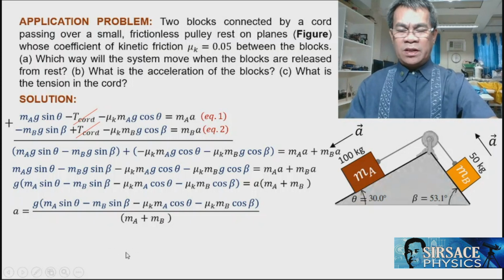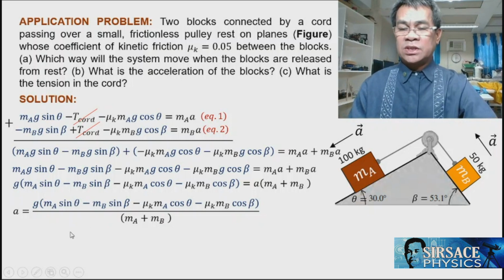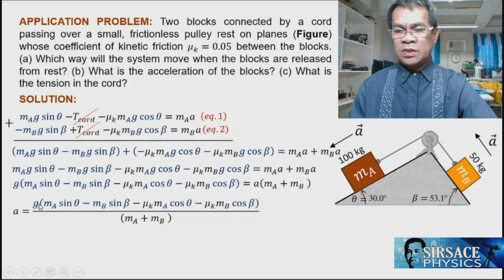So we are done with calculating the acceleration. All we need to do now is to substitute the given values, so that everything is given. We have g, 9.8, mass A is 100, theta is 30, mass B is 50, beta is 53.1, mu K is 0.05.